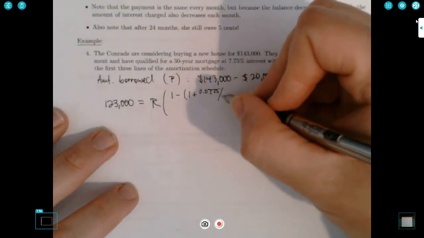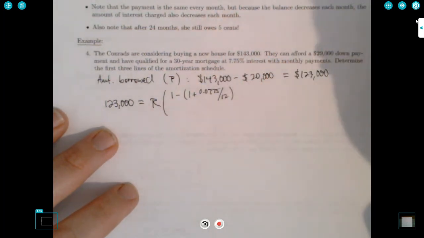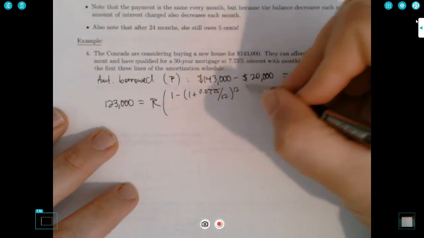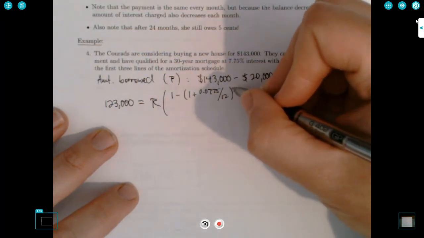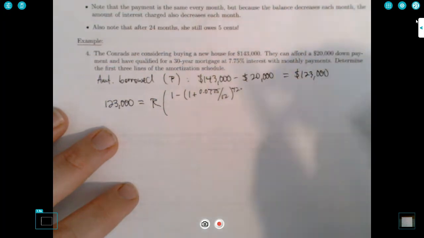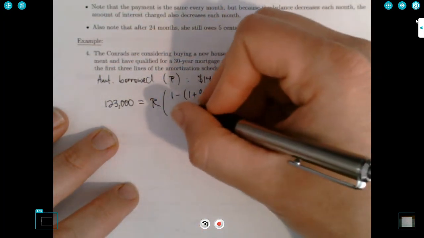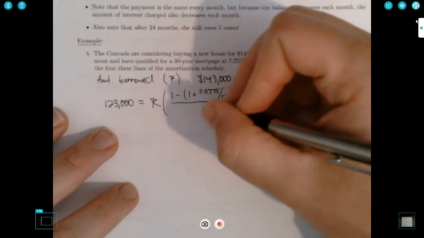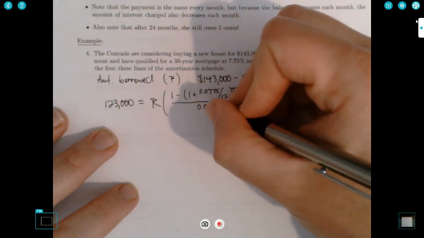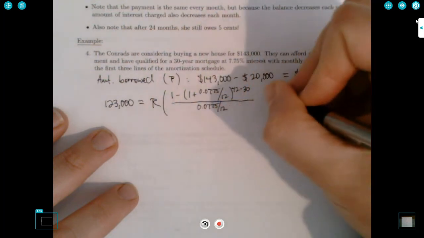Well, they're making monthly payments, so that's going to be 12, to the negative 12 times 30, because it's a 30-year mortgage, right? Divided by R over M.